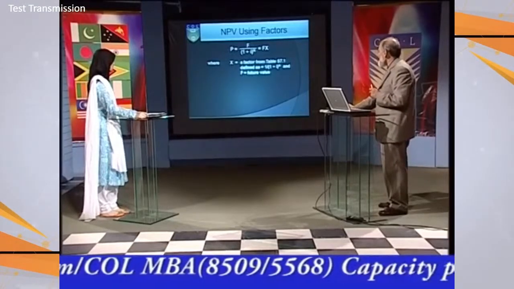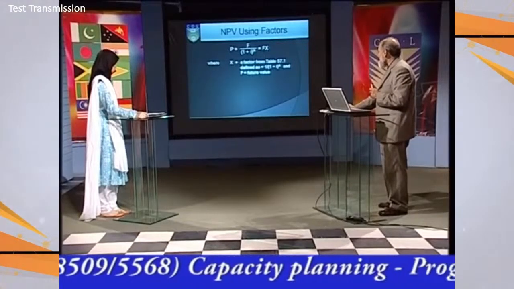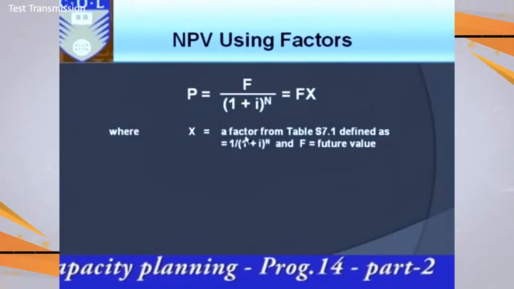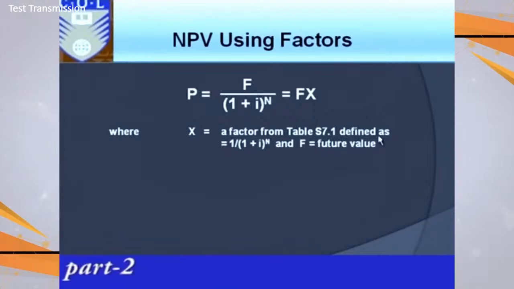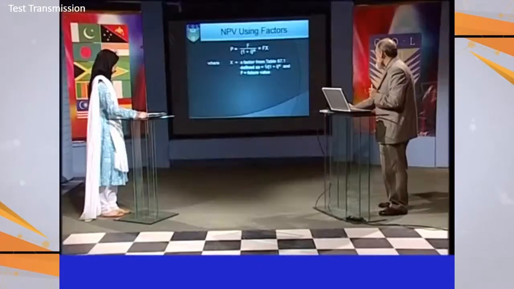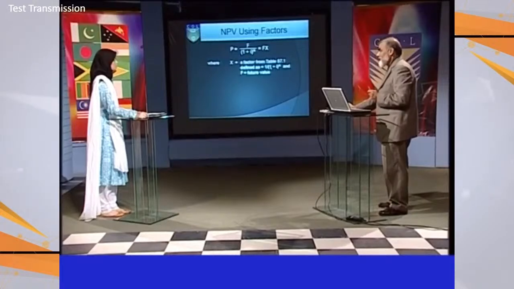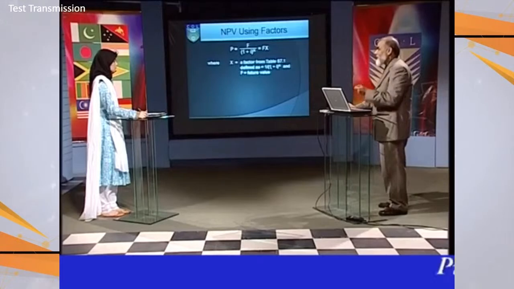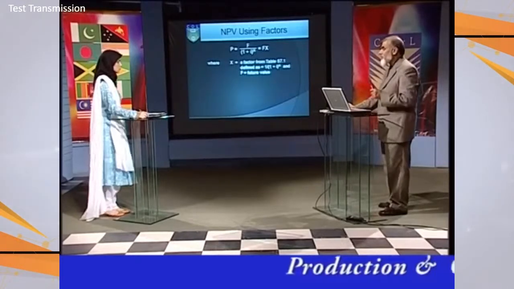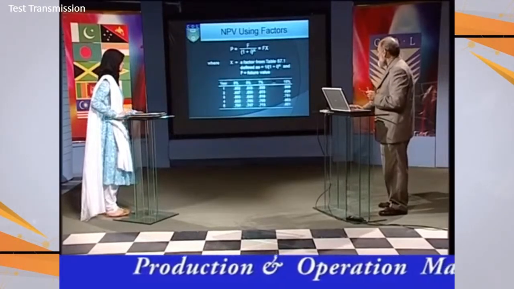Again, the same formula, P equals F times x, where x is a factor from the table, will show shortly. The experts have calculated and tabulated these values, so that we should be able to use them for making net present value calculations. Okay.